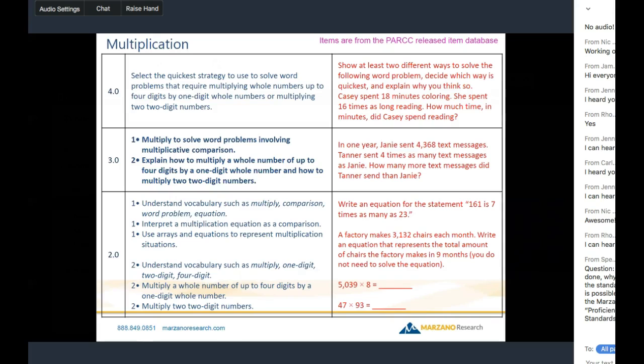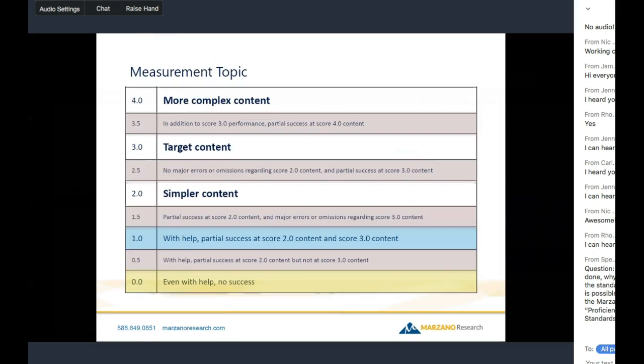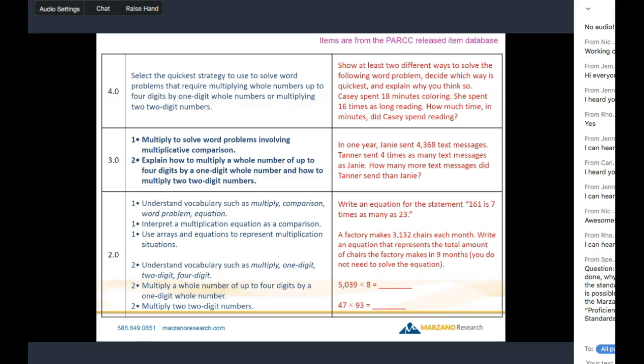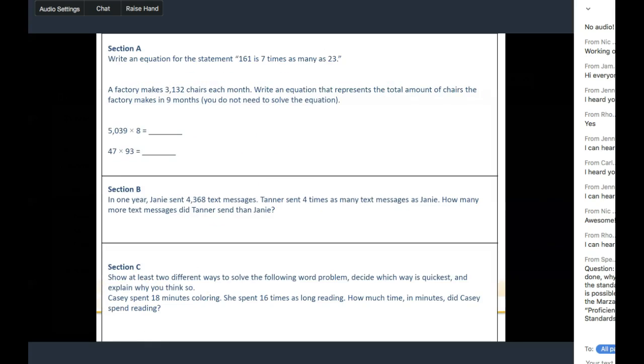Here's how a teacher might turn this into an assessment. Here, you can see there are 3 sections to this assessment. Section A corresponds to the 2.0 content, or the simpler content. Section B corresponds to the target content, and Section C corresponds to the more complex content.